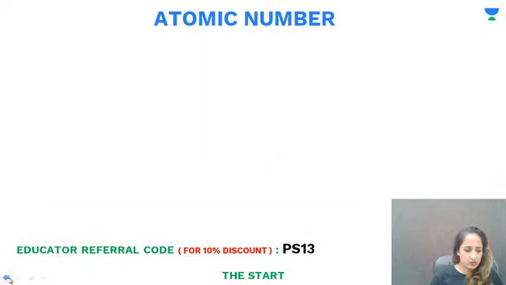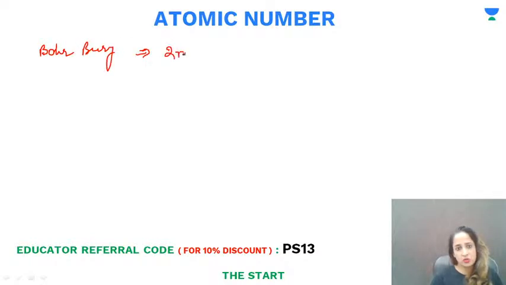Okay, so now Bohr and Bury said electrons are present in 2n square fashion. They are present in K shell, L shell, M shell and N shell, where n is equal to 1, 2, 3 and 4.